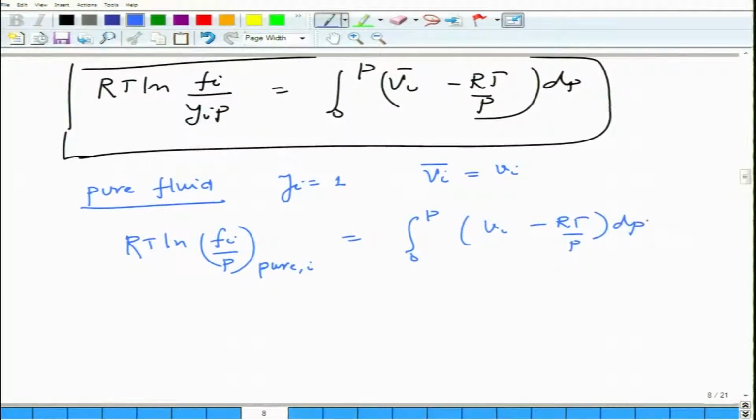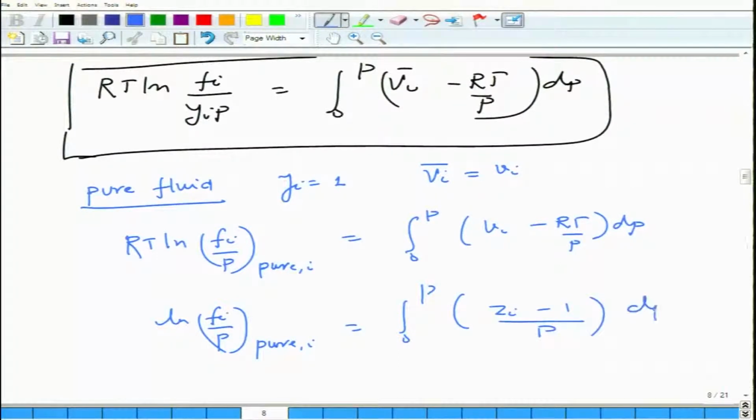Okay. I can also rewrite this expression by taking this RT into the right hand side, and this could be simply (Zi minus 1) divided by P dP, where Zi is nothing but the compressibility factor.